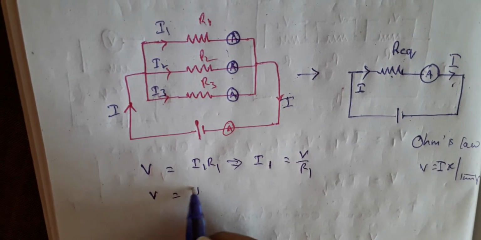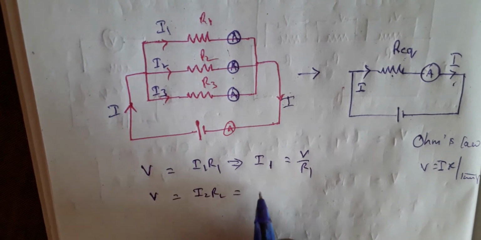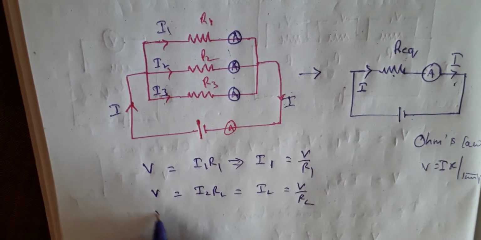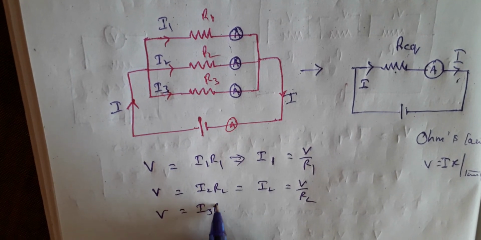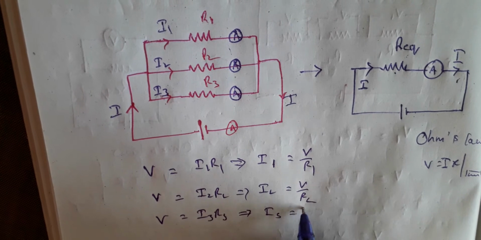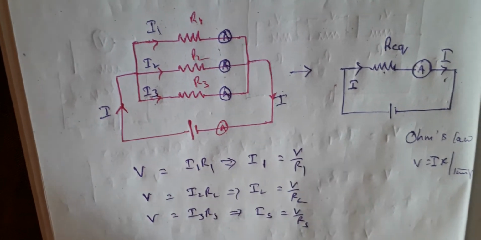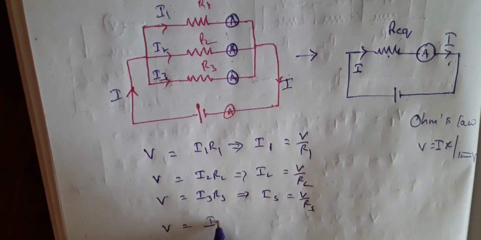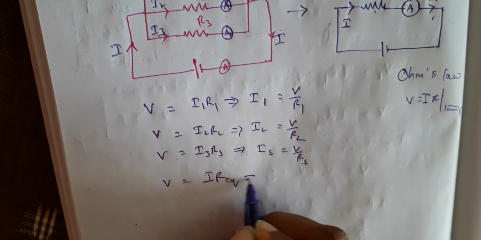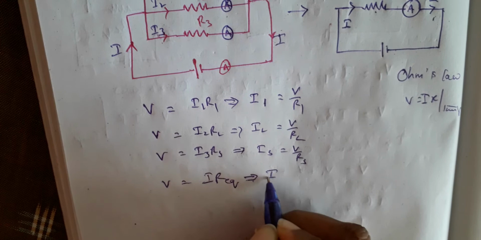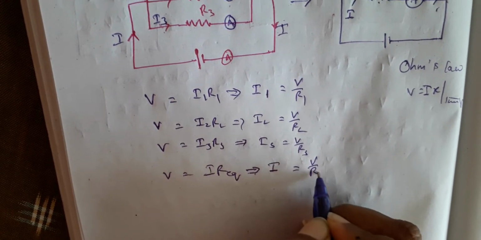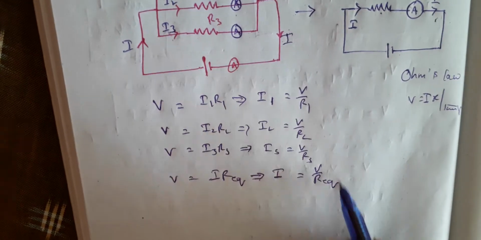Similarly, V is equal to I2 R2, so I2 is equal to V by R2. V is equal to I3 R3 implies I3 is equal to V by R3, and V is equal to I R, where R is the equivalent resistance R equivalent, and I, the net current flowing, is equal to V by R equivalent. So we got all these equations.